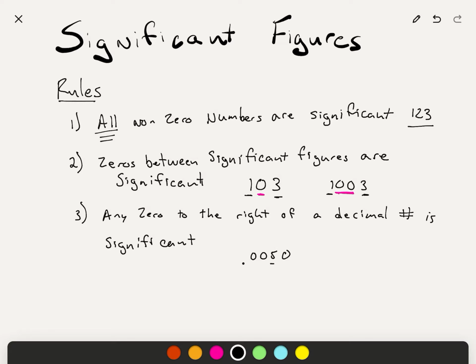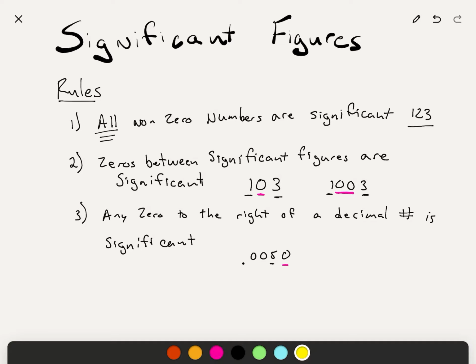So the 5 is significant because of rule 1. It's a non-zero. And then this 0 is significant because it is to the right, which means that's a measured spot. It is to the right of a significant figure in a decimal number.